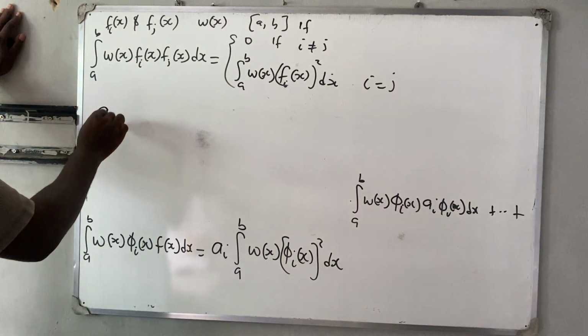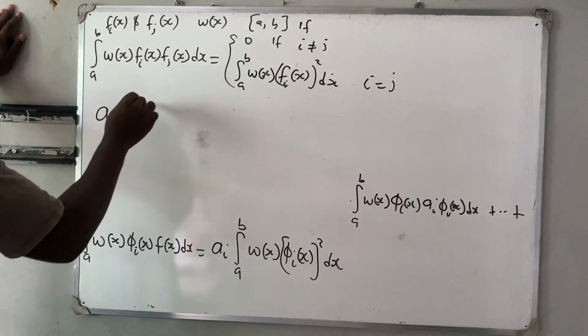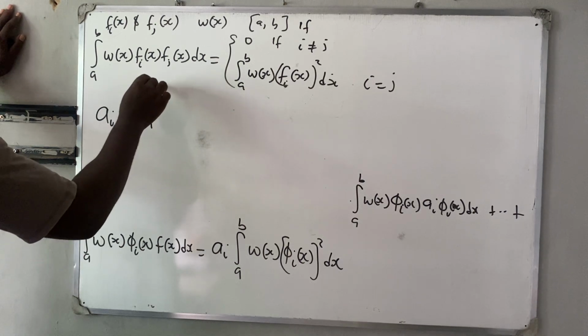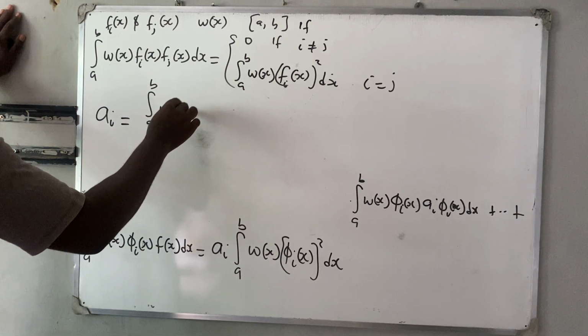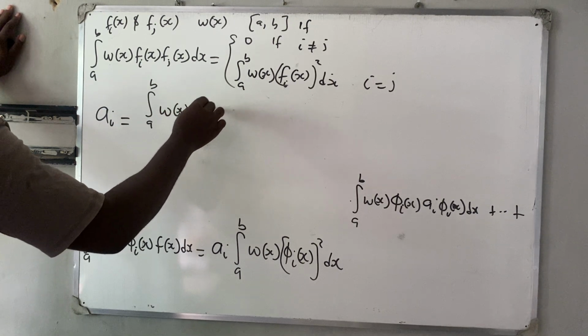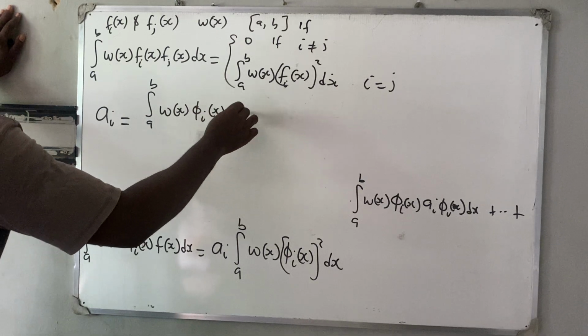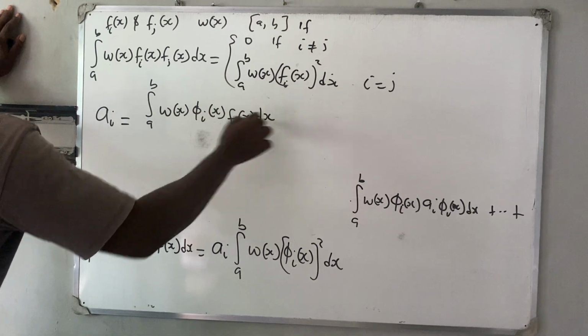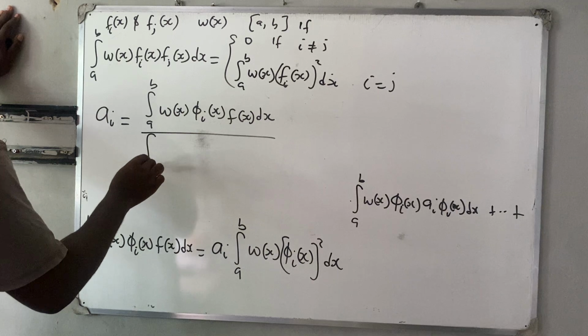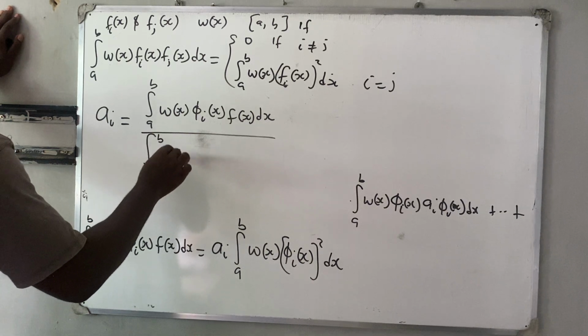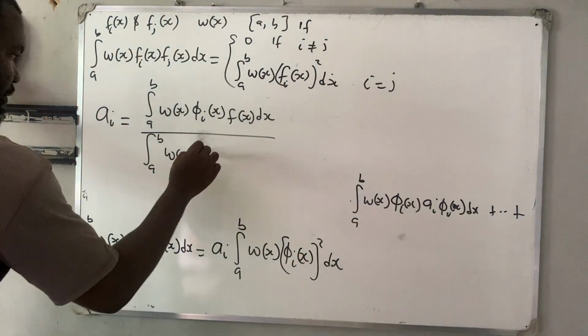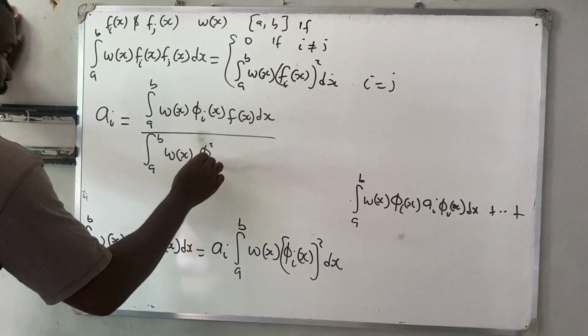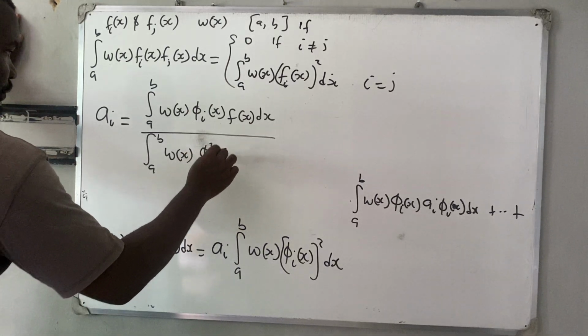So a_i is the integral from a to b of w of x, phi_i of x, f of x, dx, all over the integral from a to b of w of x, then phi_i squared of x, as some people write it.